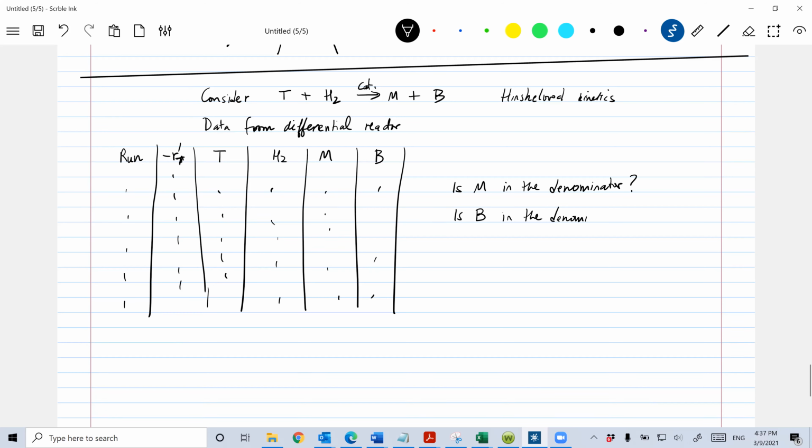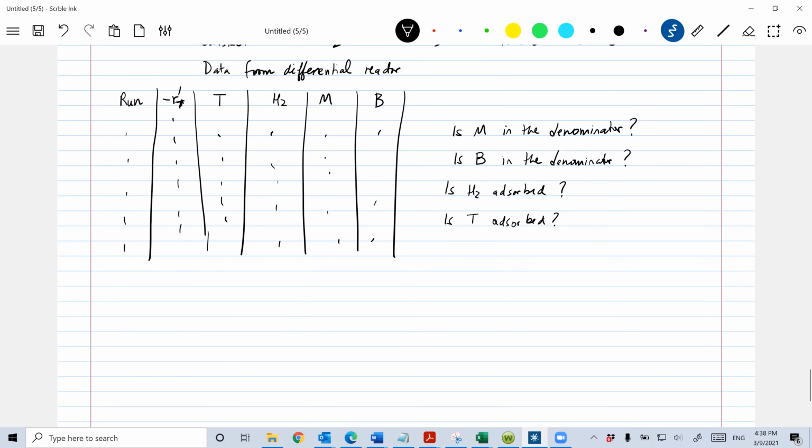If they adsorb on the surface, then by adsorbing on the surface, they slow down the reaction. For example, you can ask yourself, is hydrogen adsorbed? Is toluene adsorbed?